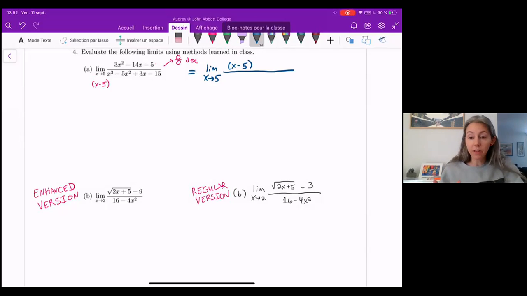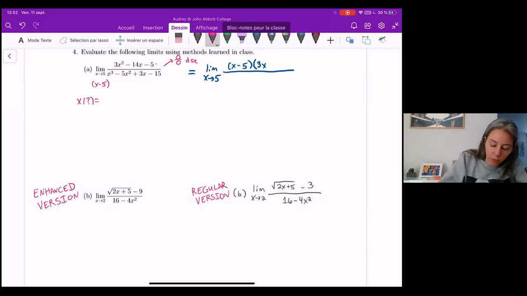I don't have to think about that negative 14x because I know x minus 5 is a factor. I just have to think about what I would multiply x by to get 3x squared? And the answer is 3x. x times 3x is equal to 3x squared. Another way of thinking of that is x times question mark is equal to 3x squared, so the question mark is equal to 3x if I divide both sides by x.